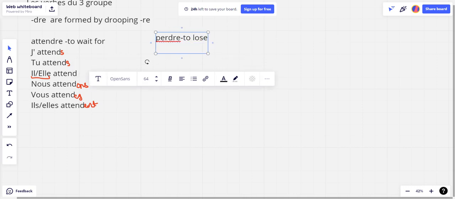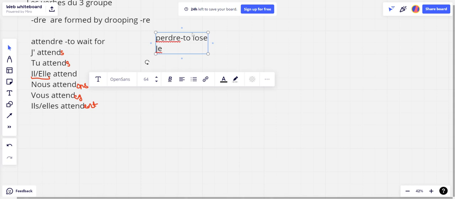Over here we put je, because this verb does not start with a vowel. The p is not a vowel. Let me revise: what are the vowels in French? It's A, E, I, O, U, as in English, but apart from them, there are Y and H as well. So it would be je.